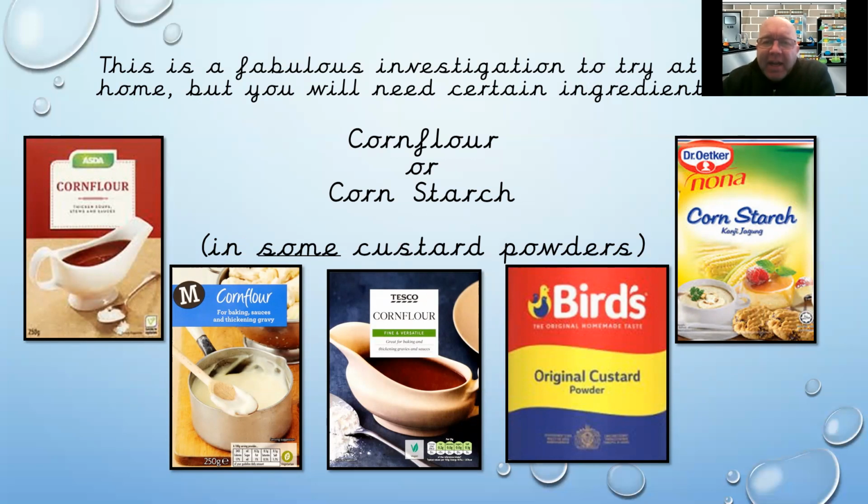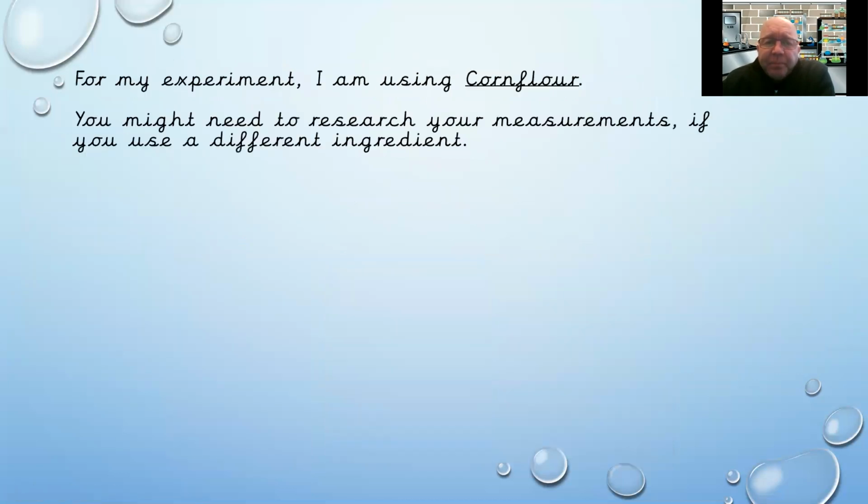Don't just be buying any powdered custard. Make sure it contains corn flour. But as I say, probably the easiest one to get hold of is just corn flour. Okay, there's the Asda's version, Morrison's, Tesco's. So these you'll find in the baking aisle with the flour, with the sugar, with all the other things that are needed for cakes. Okay, so corn flour or cornstarch.